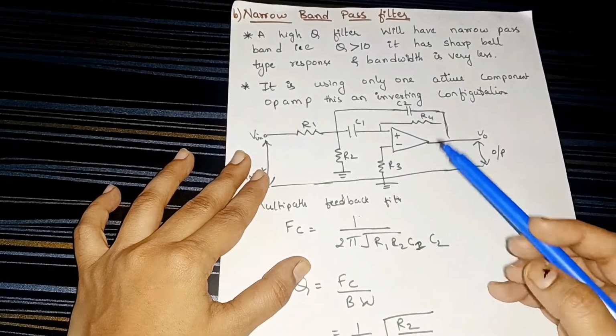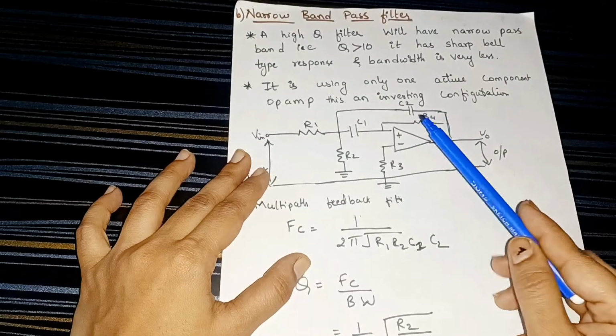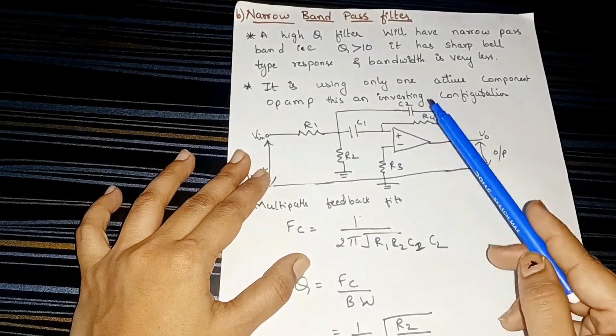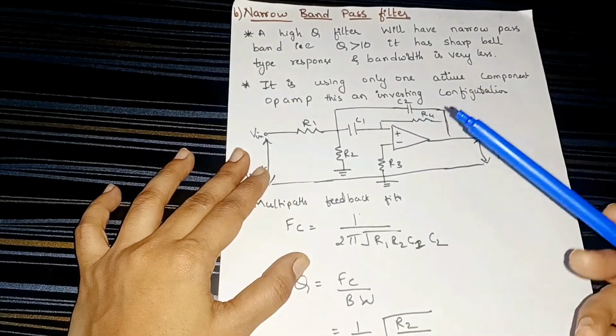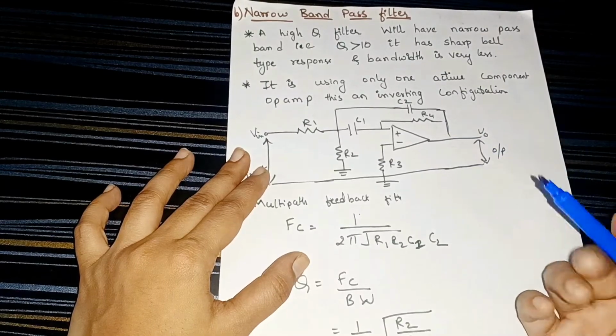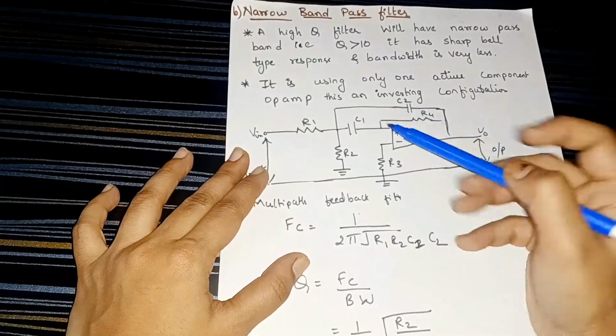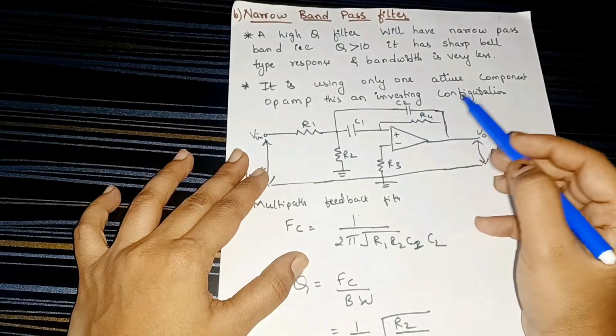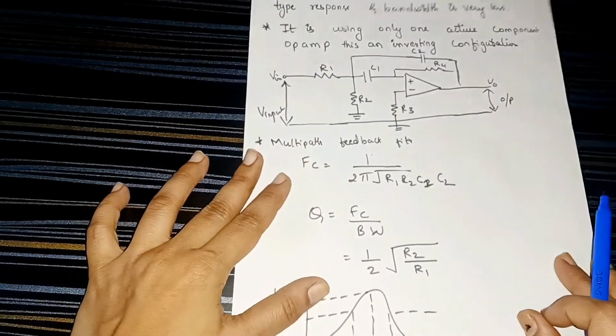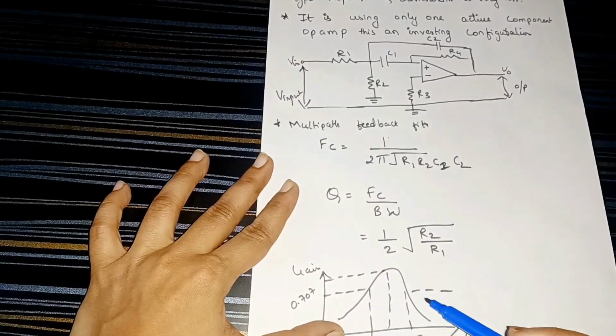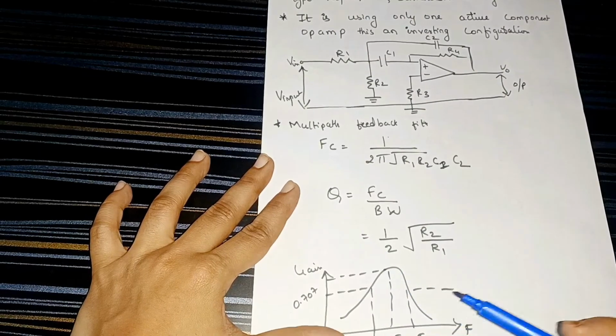So here we are using a single op-amp, and we are giving our input at the inverting terminal, which has a parallel connection of capacitor and resistor, which gives us a sharp bell type frequency output.